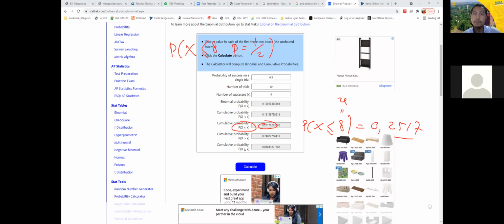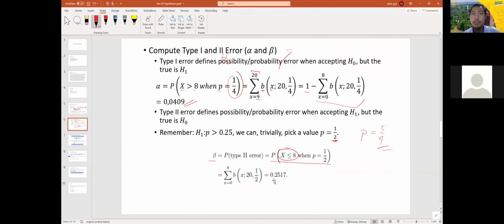Wow. Okay, good. Then we go back to the PowerPoint, and we have this: the probability is 0.257.